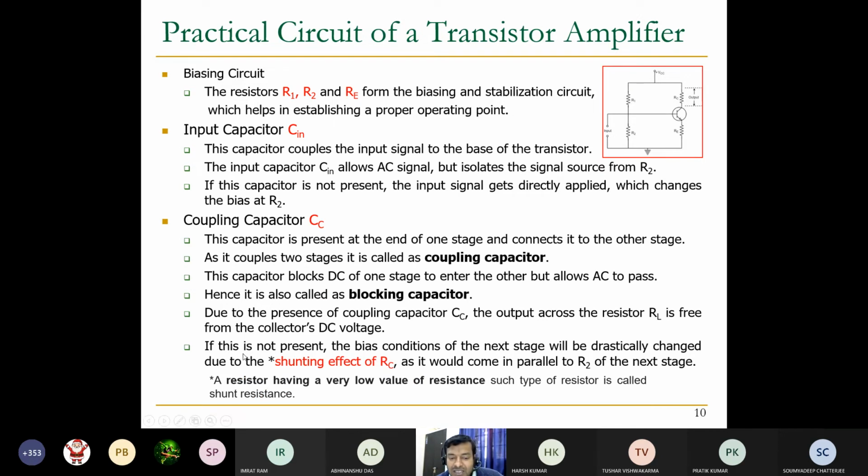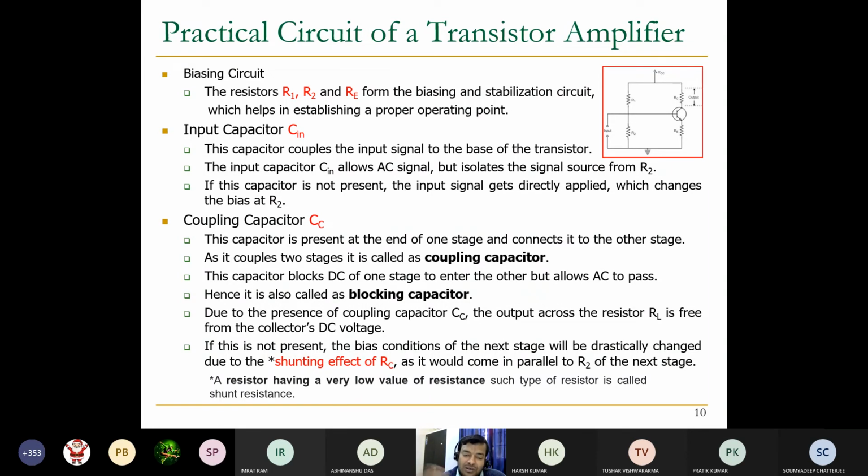If this is not present, then the bias condition of the next stage will be drastically changed due to the shunting effect of RC, which would come in parallel to R1 in the next stage. Shunting means a resistor having a low value of resistance; such a resistor is called a shunt resistance.